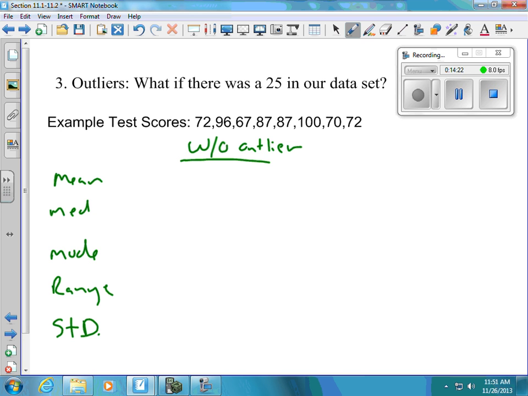That symbol right there, we call that sigma, lowercase sigma. So our mean without the outlier was 81.4, 79.5 for the median. The mode was 72 and 87.